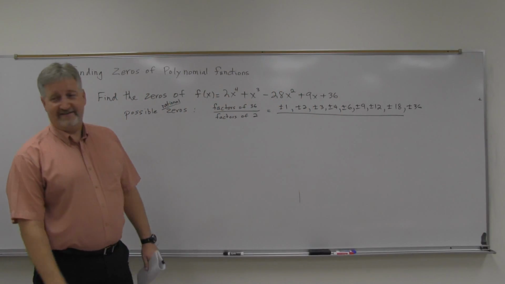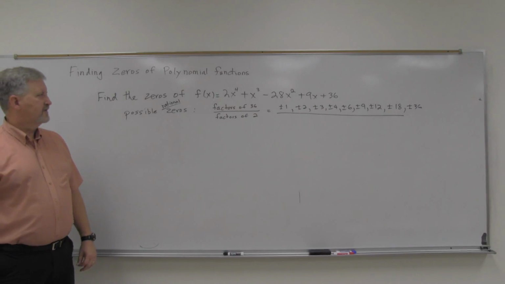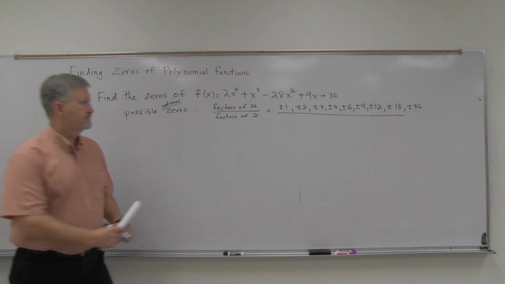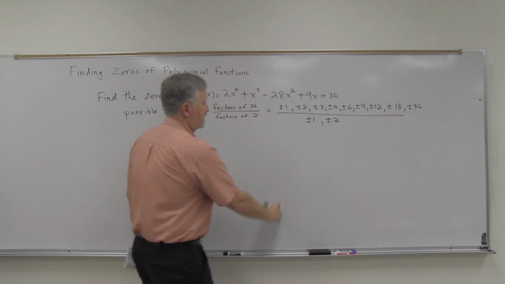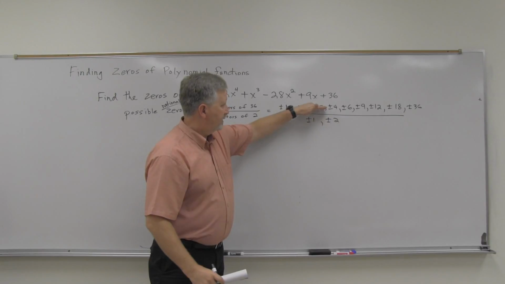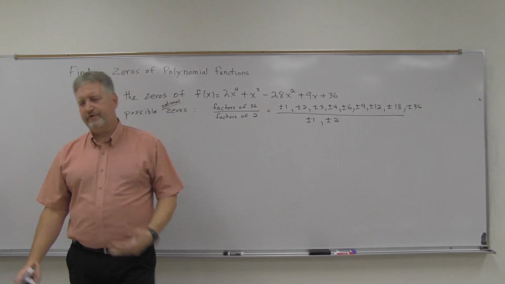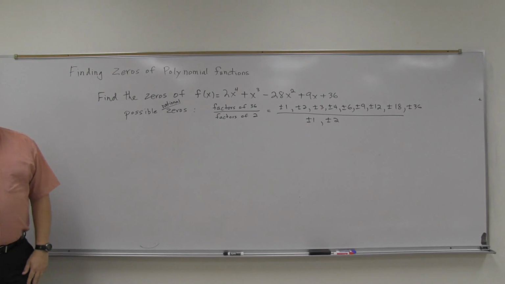Yeah, that's quite a list for 36, so it could be quite lengthy. And then factors of 2: plus or minus 1, plus or minus 2. Each one of the top divided by each one of those. I won't list them all out. That suffices, I think. If you got that, you hopefully understand what we're doing there.